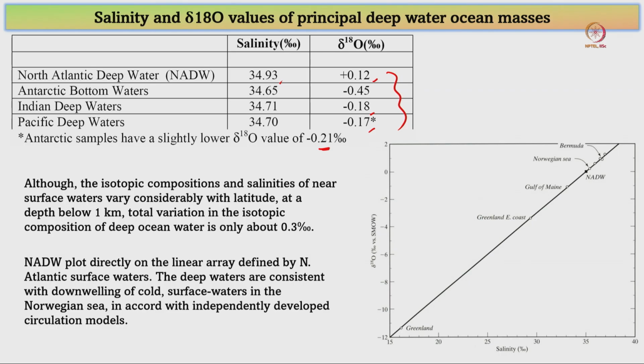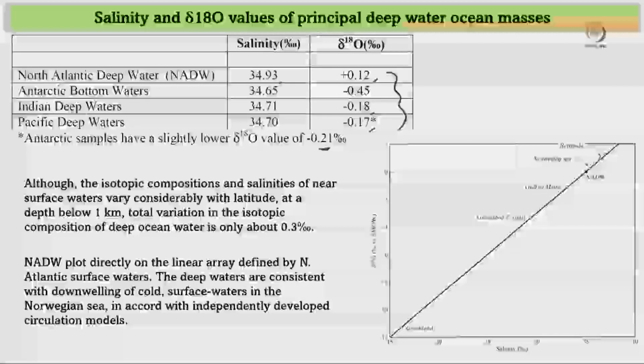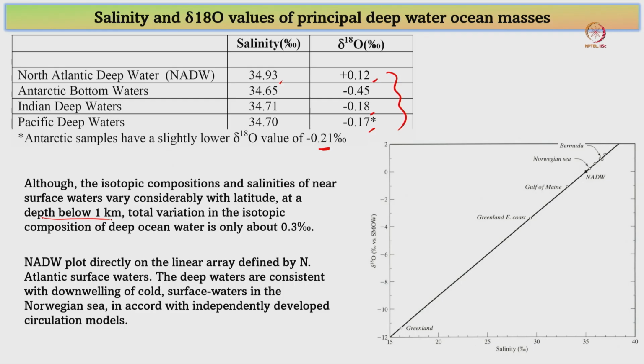Okay. So, as you can see, although the isotope compositions and salinities of the surface water are variable, in the deep ocean, that is up to a depth of 1 kilometer, the total variation in the isotopic composition of the deep ocean water is only 0.3 parts per mil.